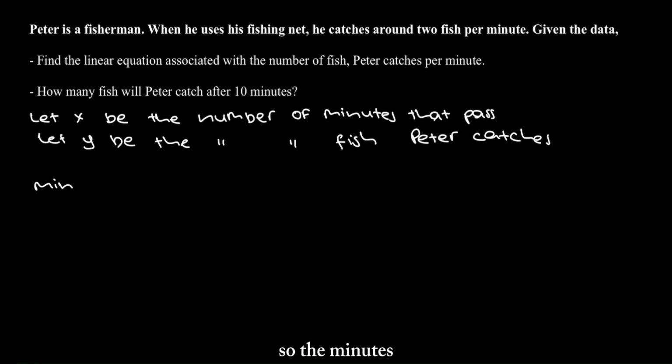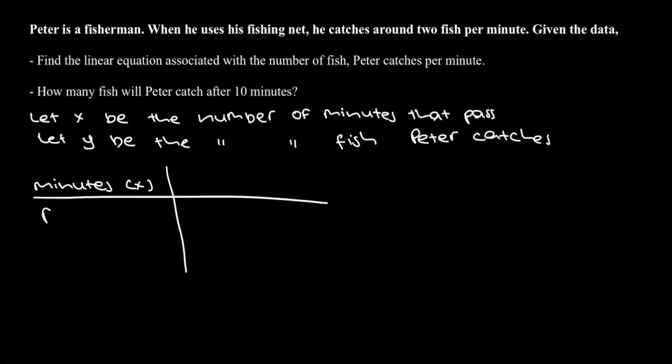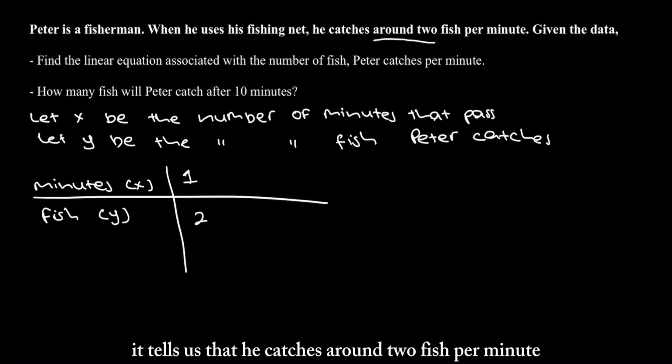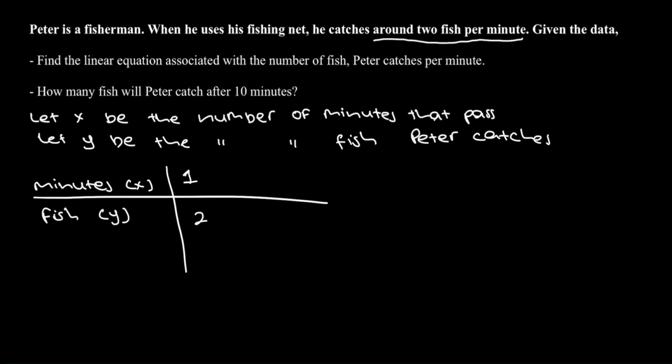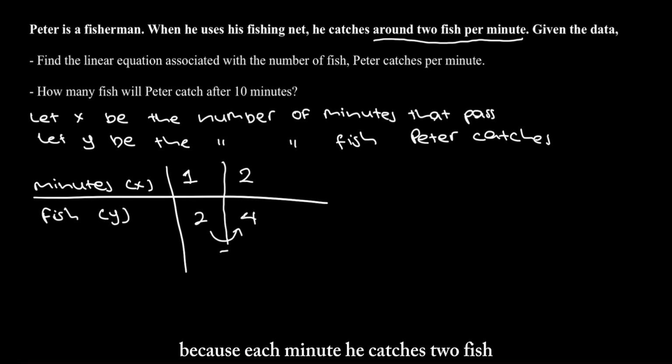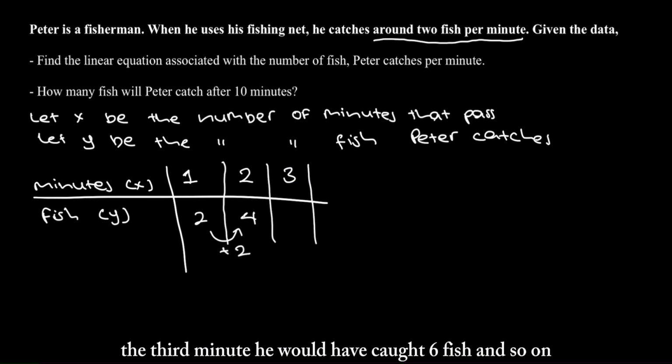So, the minutes and the fish. So the first minute, he catches 2, because in the question it tells us that he catches around 2 fish per minute. Meaning that the second minute, he would have caught 4 fish, because each minute he catches 2 fish. The third minute, he would have caught 6 fish, and so on.